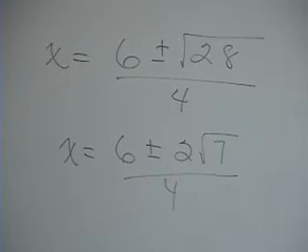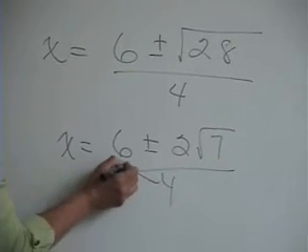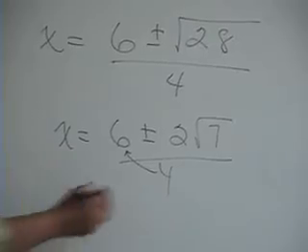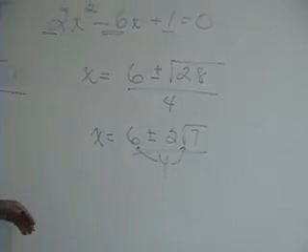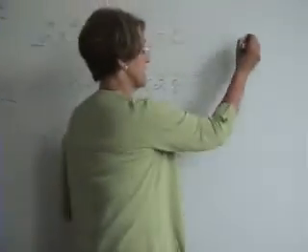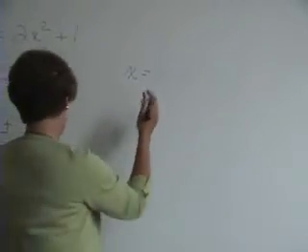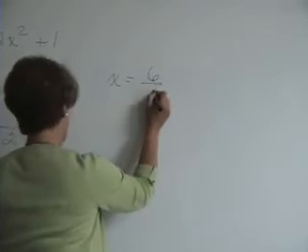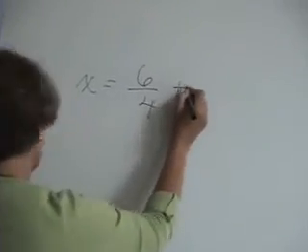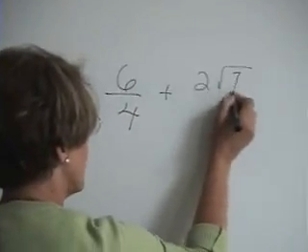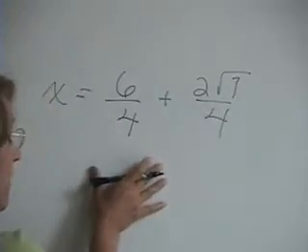To simplify this further, we need to remember that this 4 is a denominator for 6, and it is a denominator for this as well. So I'm going to continue the simplification process. This is going to take more time than anything else. I'm going to have 6 over 4 plus 2 times the square root of 7 over 4 will be one of my roots.